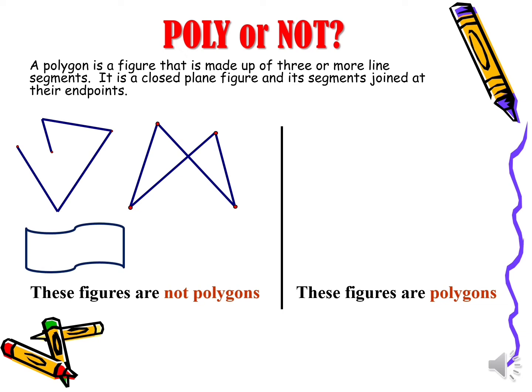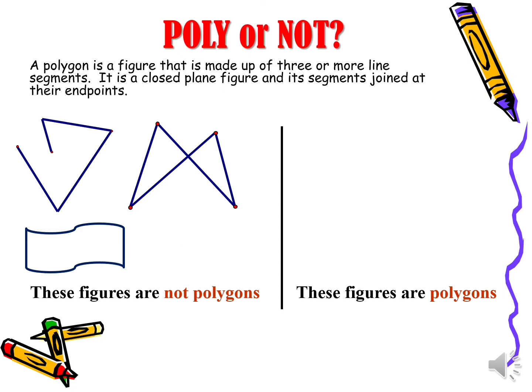The third one is closed, but it is not made up of pure line segments. Some of its parts are curved lines. Therefore, if a figure has curved lines, then it is not considered a polygon.